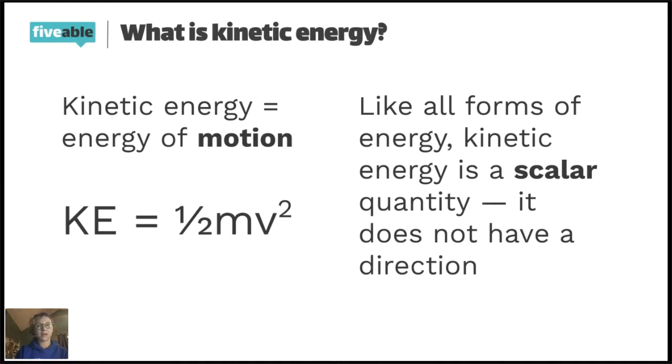I like to think of energy as something that has an amount. You have an amount of energy as opposed to a velocity or something like that, which has a size and a direction to it. And also, like all forms of energy, kinetic energy can be measured in joules, and will almost always be measured in joules unless you're talking about subatomic particles or something like that.